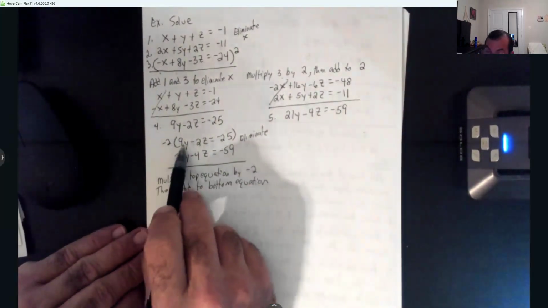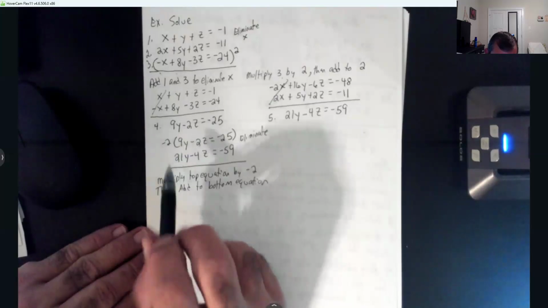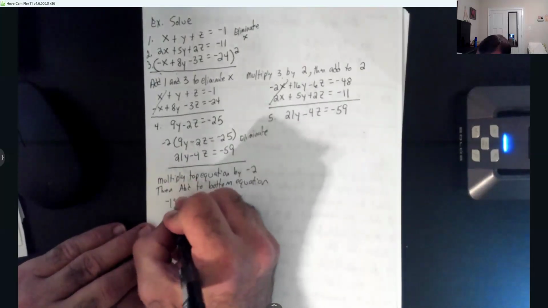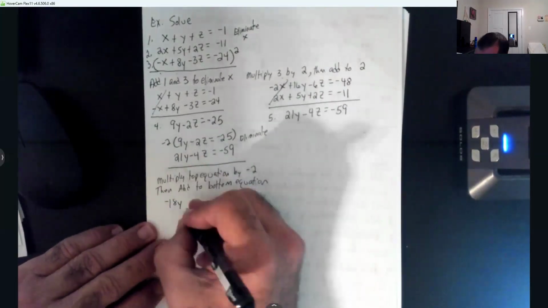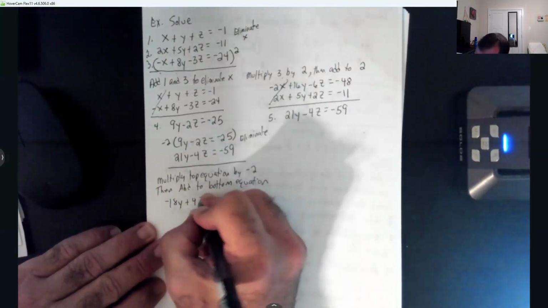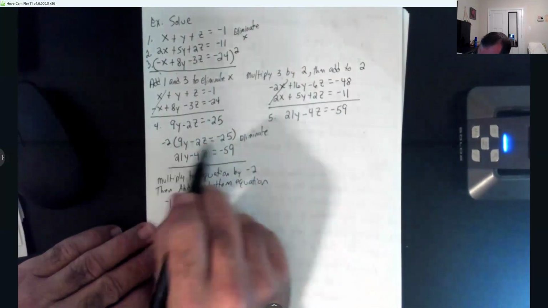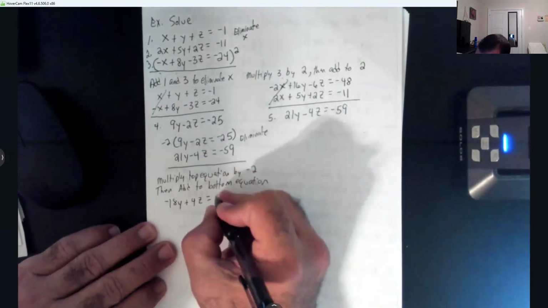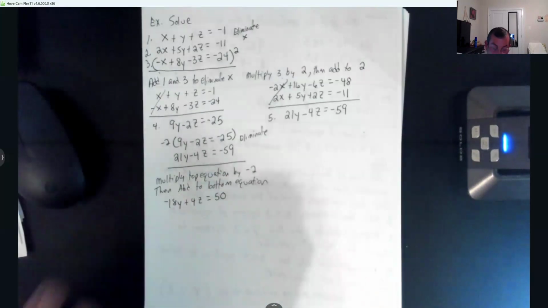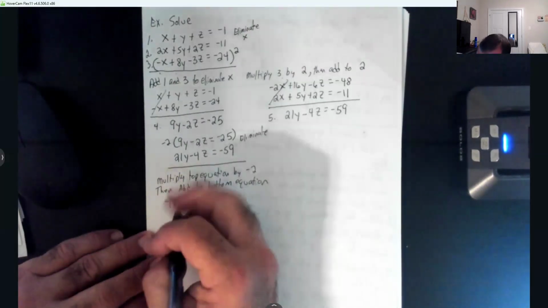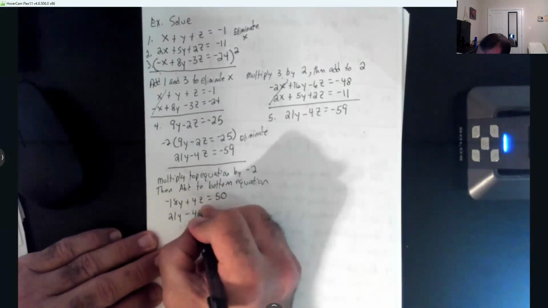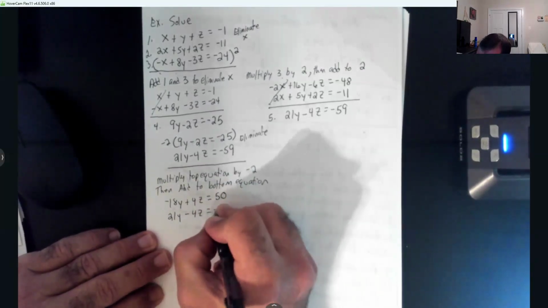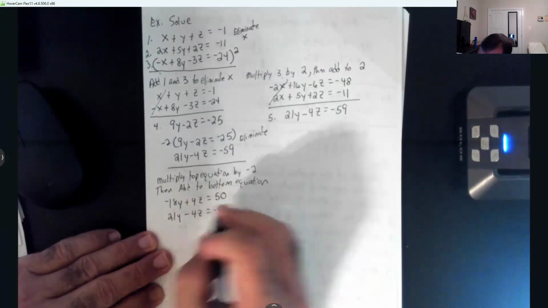All right, so -2 times 9 gives me -18y. -2 times -2z gives you a +4z. And then -2 times -25 gives me a 50. I didn't change the second row, so that's going to be 21y minus 4z equals -59.